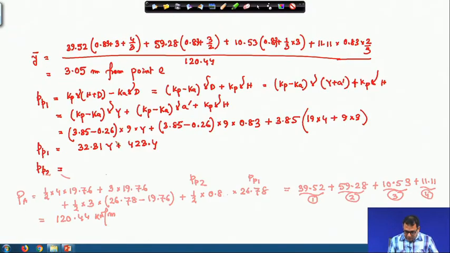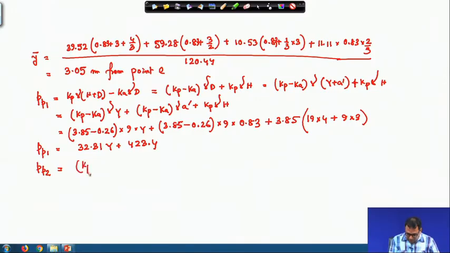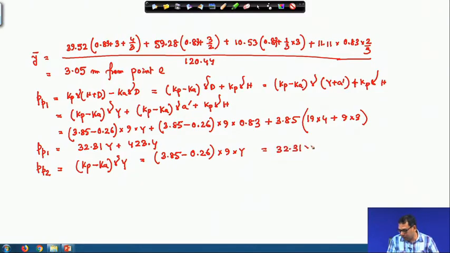So, I can write this is Kp minus Ka into gamma into capital Y. Okay. So, Kp is 3.85, Ka is 0.26, again it is capital Y below the water table. So, this will be 9 into capital Y. So, this is equal to 32.31 into capital Y. Okay. So, this is PP1 and PP2.